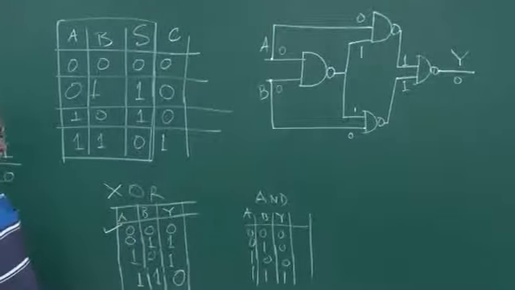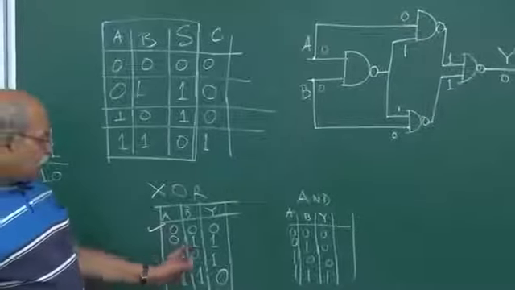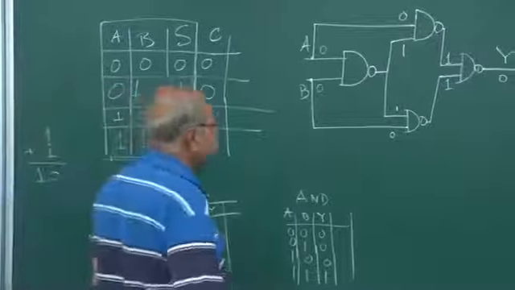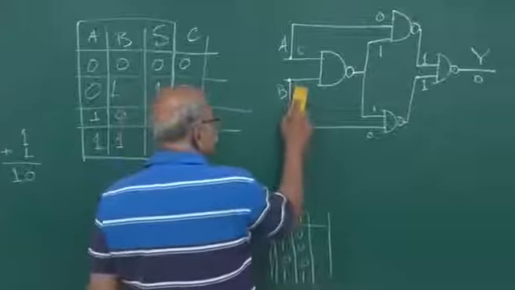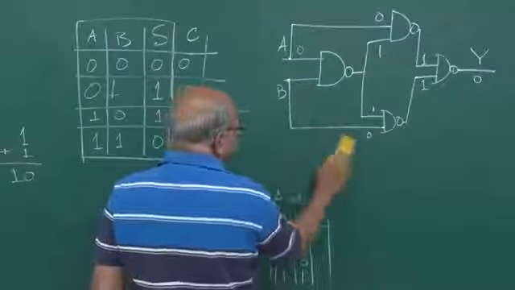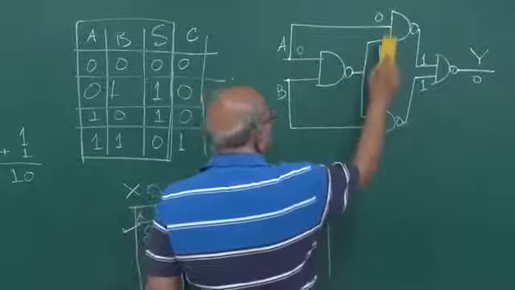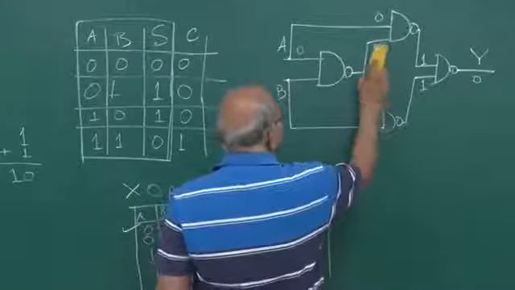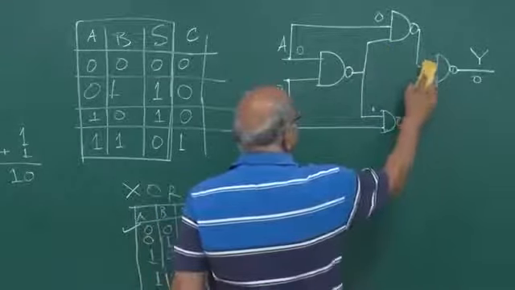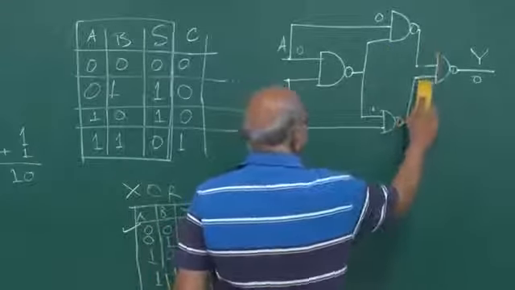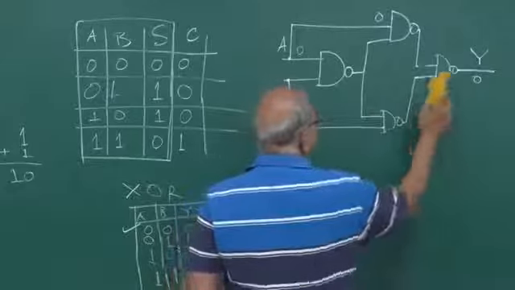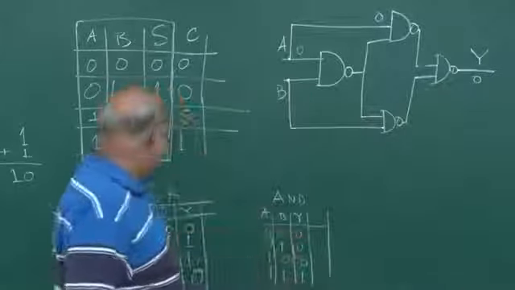Then consider what happens if A is 0 and B is 1. So A is 0, B is 1. Let me remove this, and of course A is 0 is all right, and the output can change, so all these things let me remove. So now you have 0 and 1.